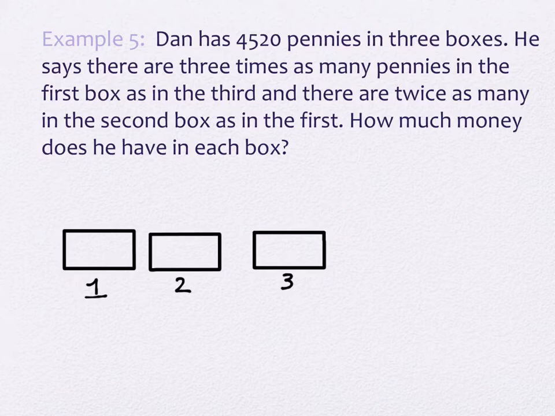So if I wanted to think about my 4,520 pennies in dollars, how many dollars is that? Close. $45.20, yeah. So we can definitely think about it like that. But what can we do in terms of setting up the rest of the problem?